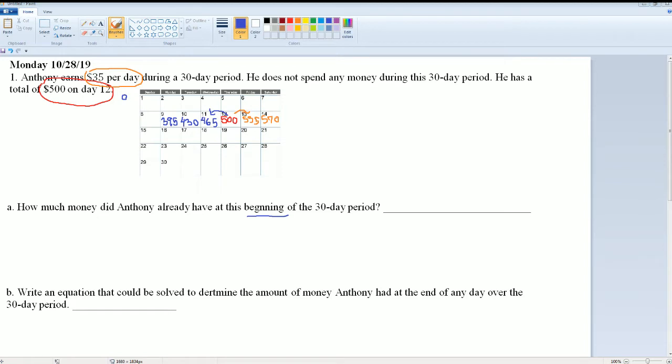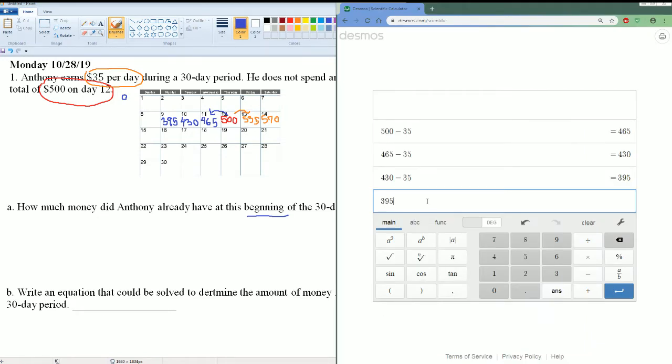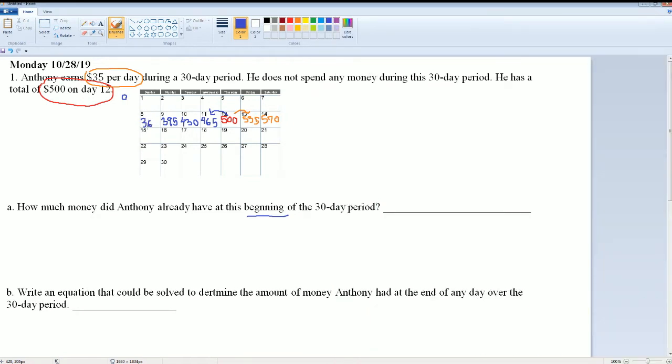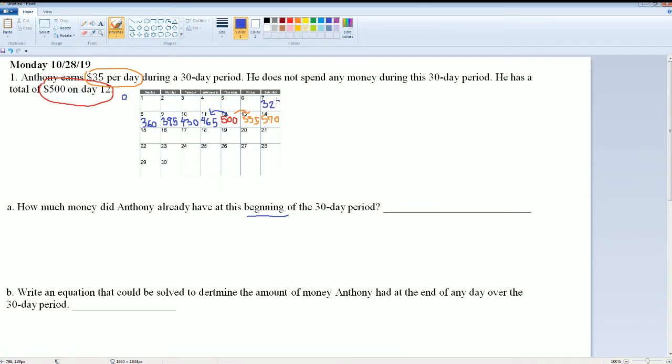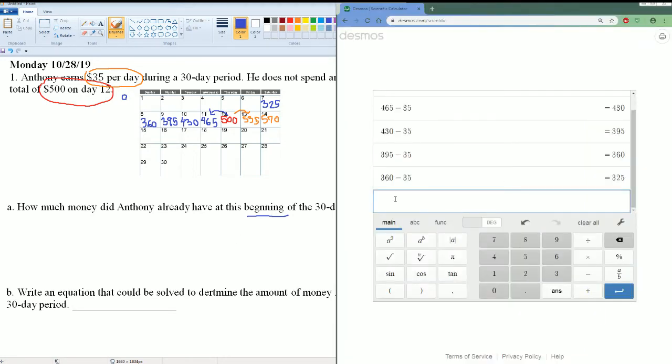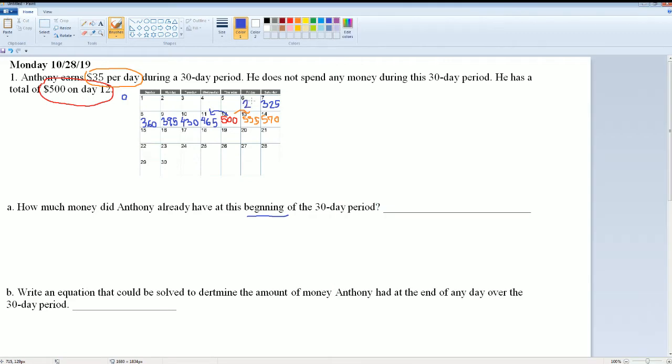395 subtract 35, 360. On the 8th day, just keep going backwards. 360 subtract 35, 325. 325 subtract 35, 290.